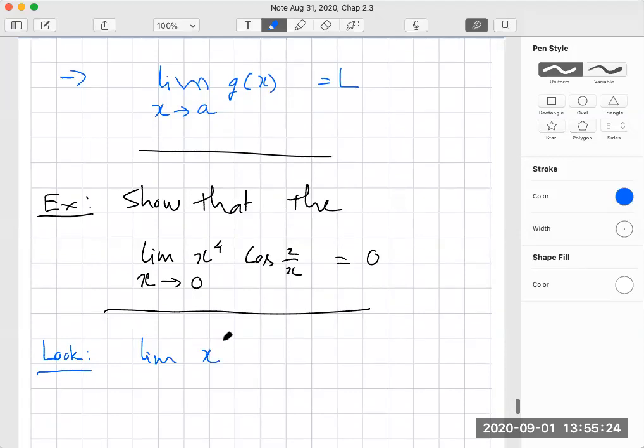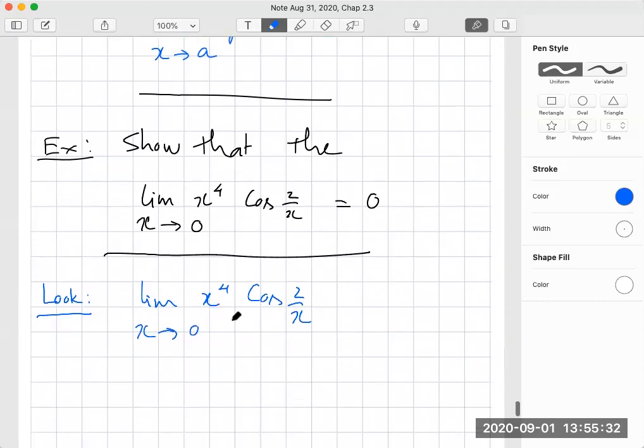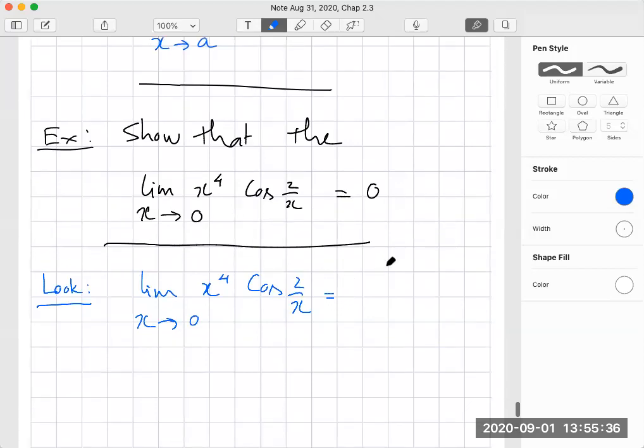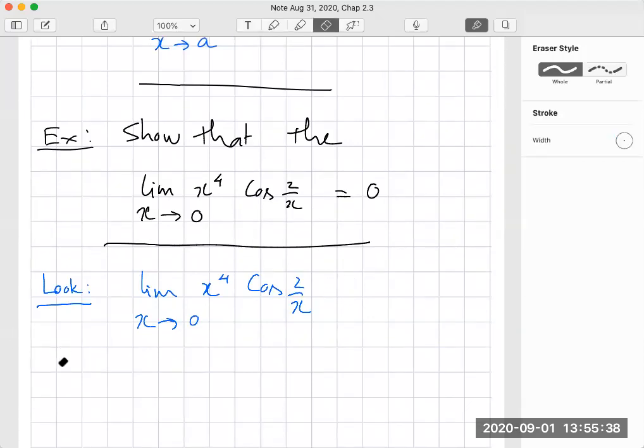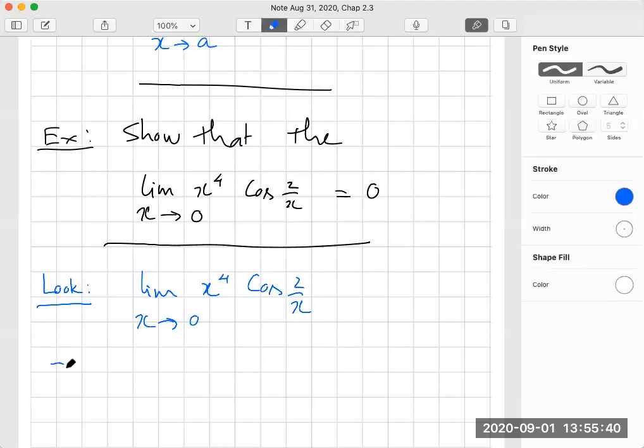Limit of x to the fourth cosine 2 over x when x approaches 0. From the product rule, he wrote this: the limit of x to the fourth, x approaches 0, the limit of a product is a product of limits, right?